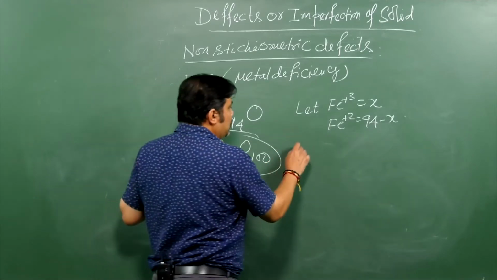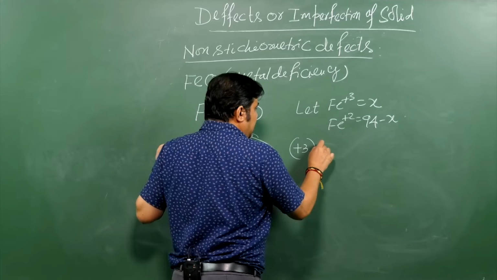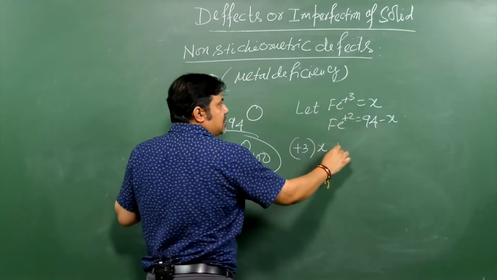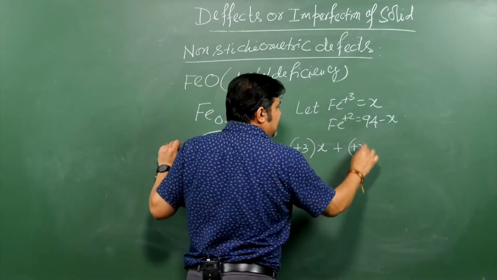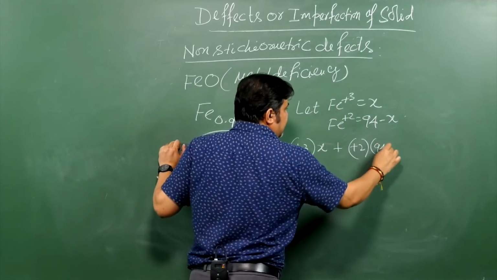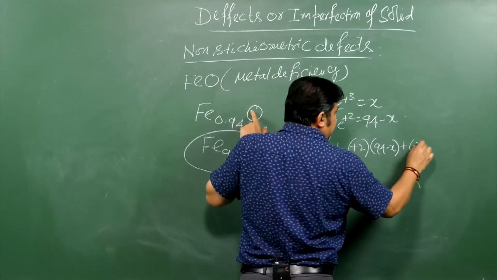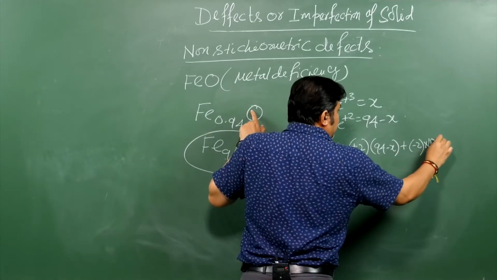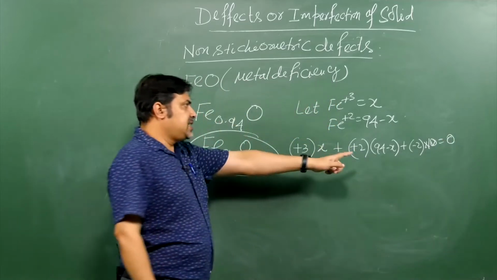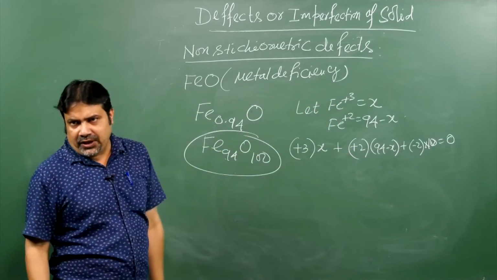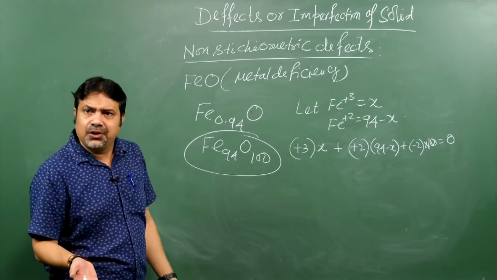Then we can write: plus 3 charge into x, plus 2 charge into 94 minus x, plus minus 2 charge of the oxide into 100 will be equal to 0. Overall, if you add up all the charges, it will be 0. The molecule is overall neutral.